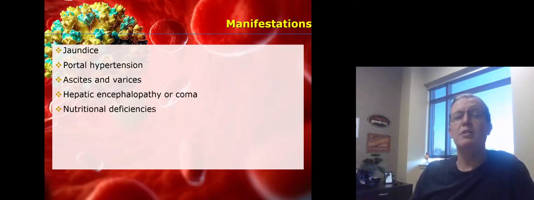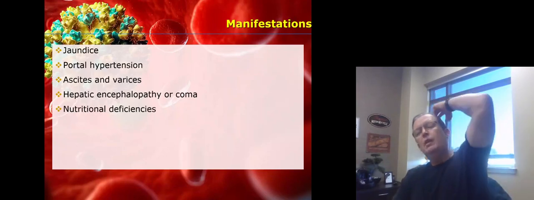So that creates what is called portal hypertension. So hypertension in the portal vein, not the hepatic artery. We have to be really judicious in trying to manage portal hypertension because it can be very problematic, because that is commonly what contributes to the next item here, which is ascites and varices.